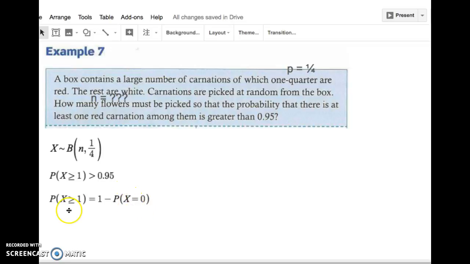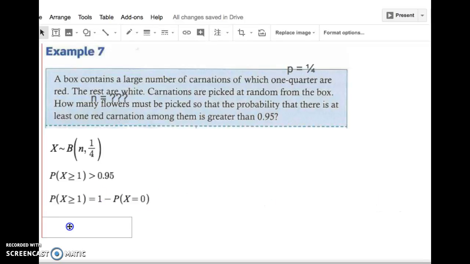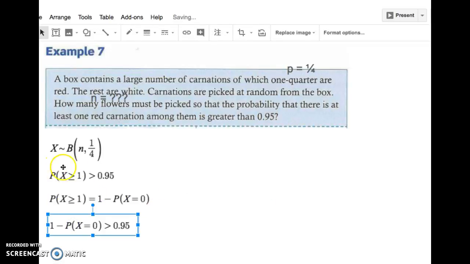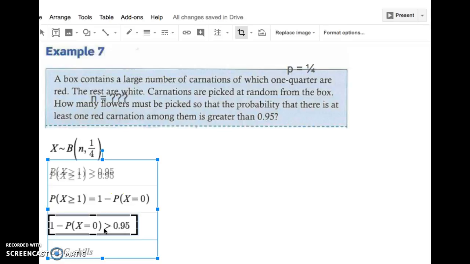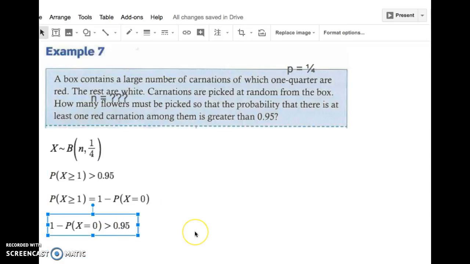So the probability where X is greater than or equal to 1, that would be everything, which is the 1 here, minus what I don't want. Now with that, I can replace what I have originally here with this, and I come up with this expression here. Please feel free to rewind this section of the video. If you have no problem with what's going on so far, let's proceed. So now I'm going to go straight to my GDC.